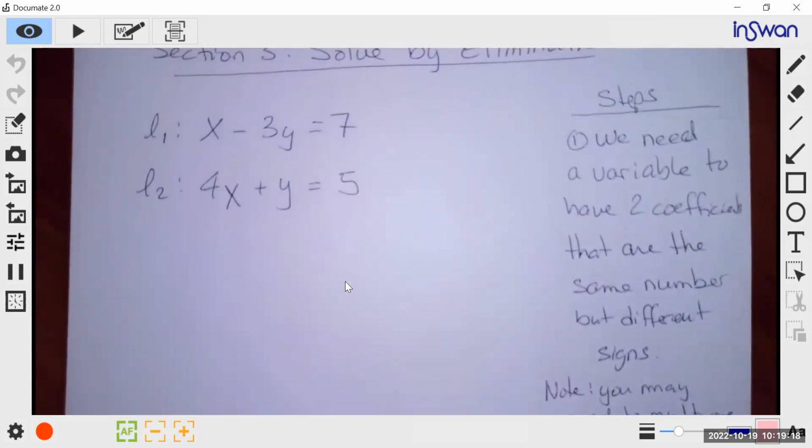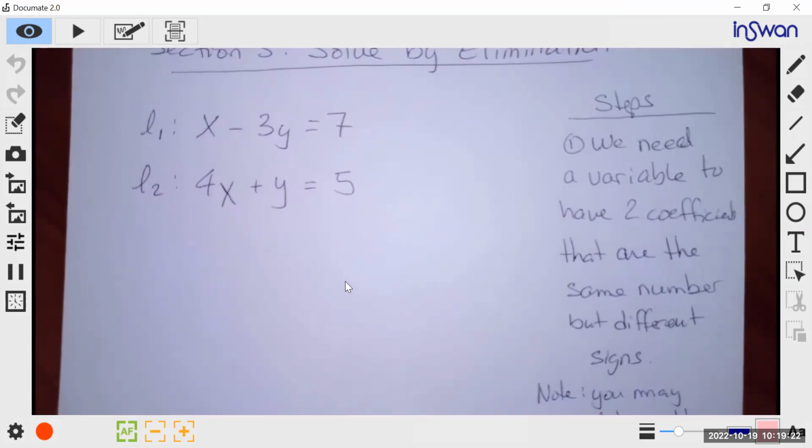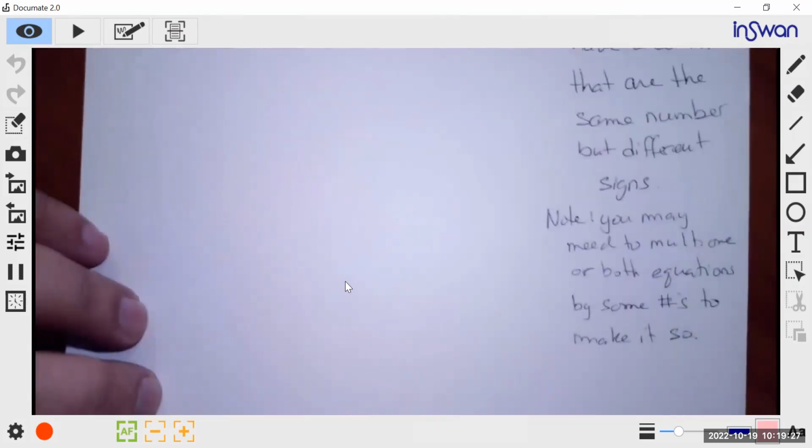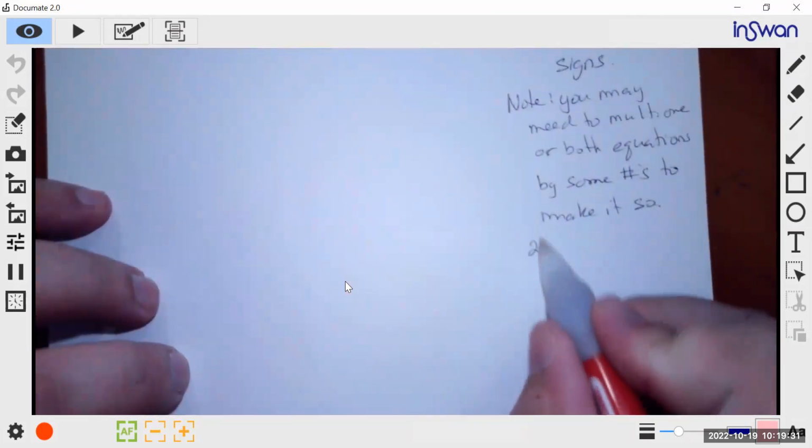So let's look at this equation here. Well, what variable do we get rid of first? So let me see.